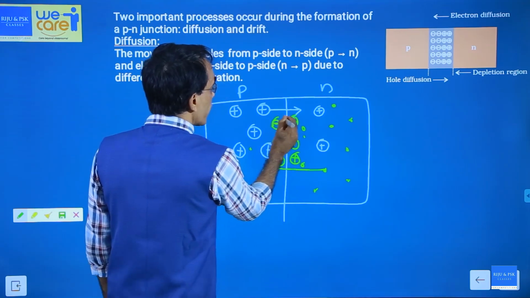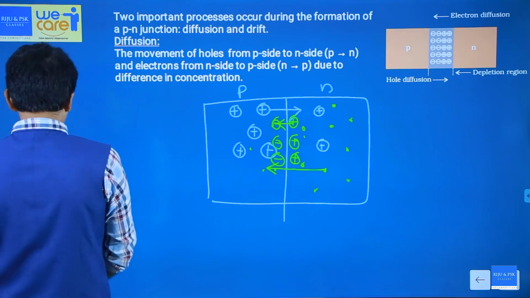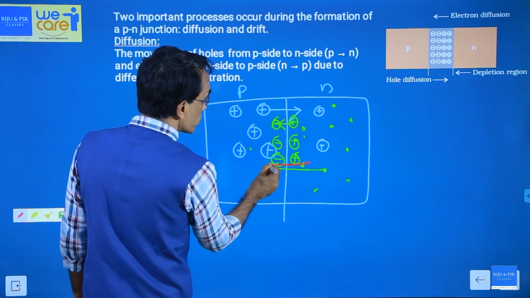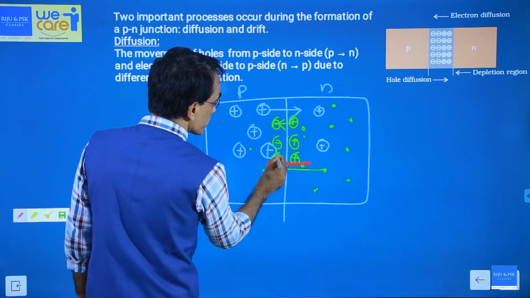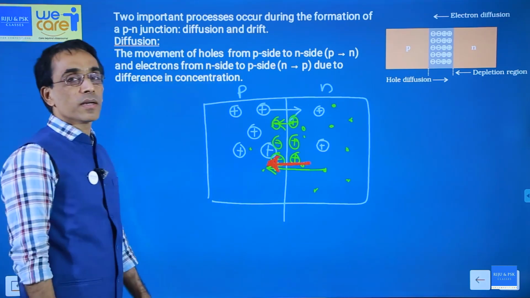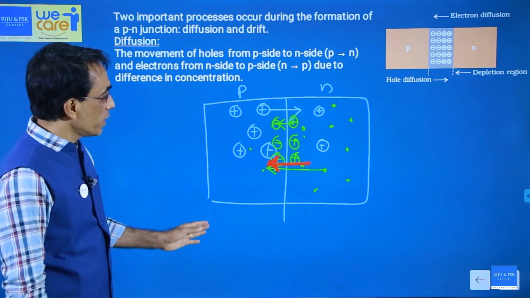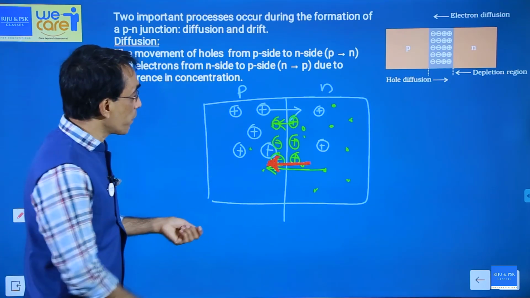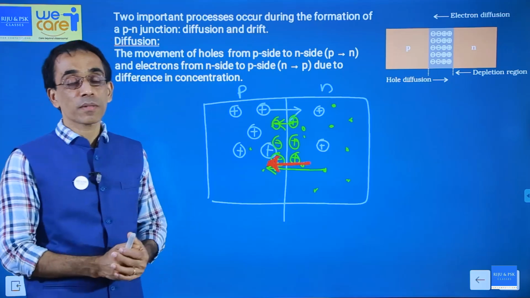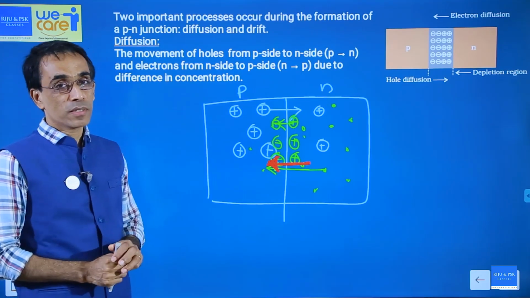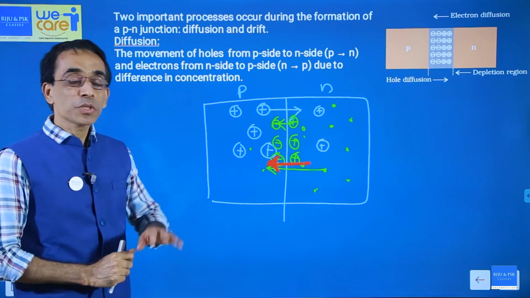This will create an electric field across the junction from n side to p side. There is an electric field. If there is an electric field, what will happen to the electrons in the system? That is what you have to answer. With the answer to this question, see you in the next class.